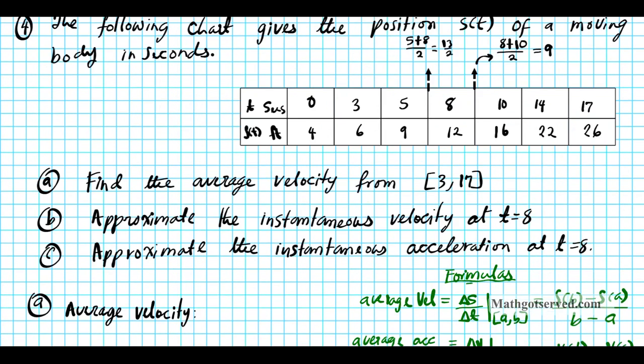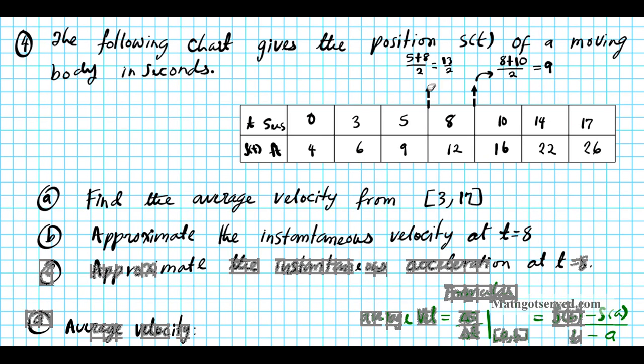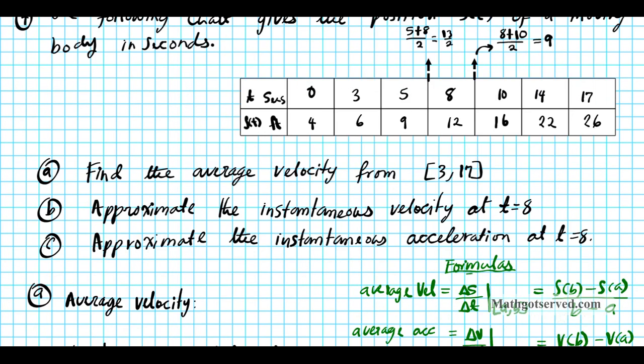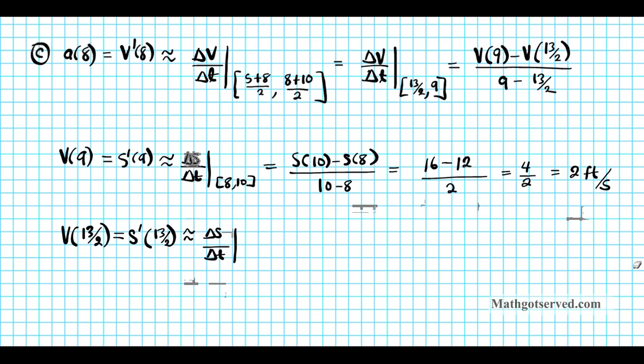We're working around 13 over 2, which is this boundary right here. So we're going to be going from 5 to 8, to calculate the slope of that secant line. The interval will go from 5 all the way to 8.